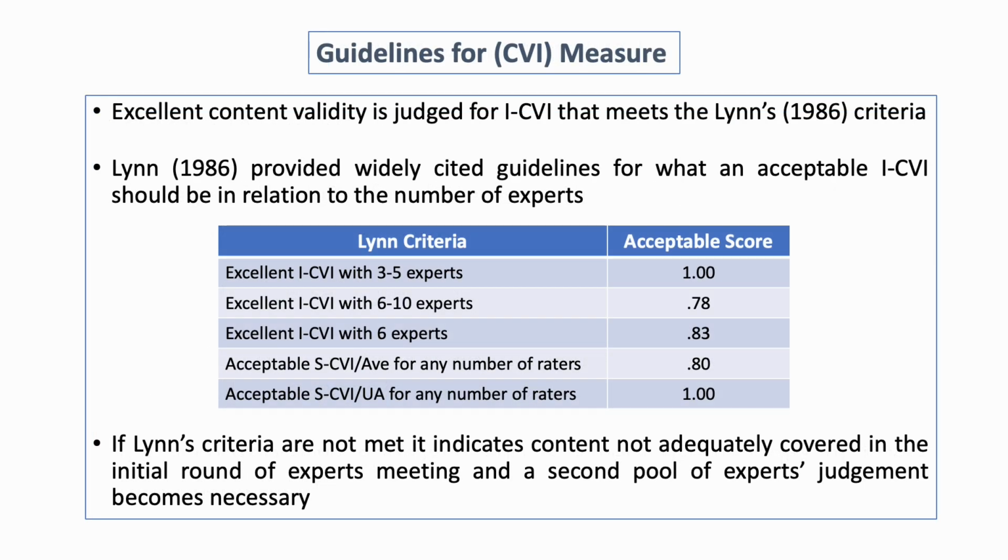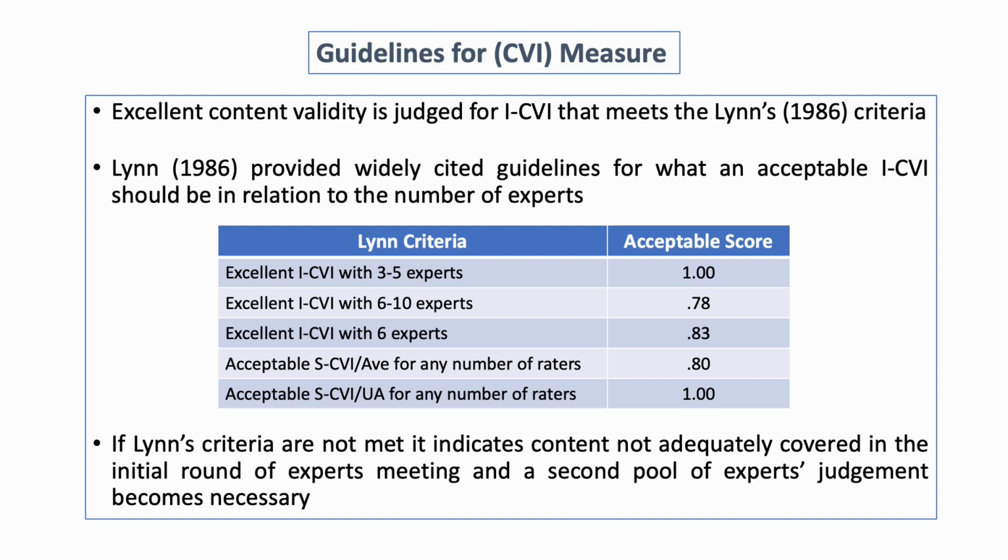So Lin's criteria is used as the guideline for CVI measures. Excellent content validity is judged for individual CVI that meets Lin's criteria, which were proposed in 1986. Lin's criteria provide widely cited guidelines for what an acceptable ICVI should be in relation to the number of experts.